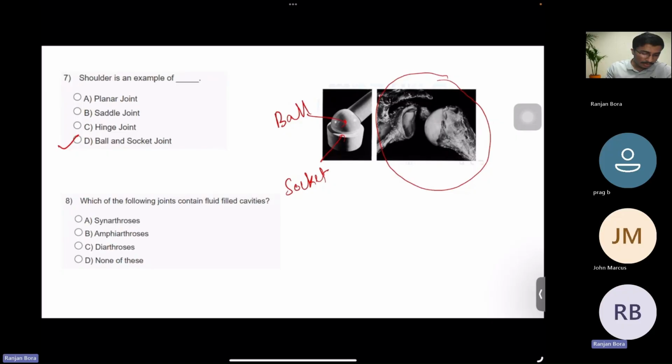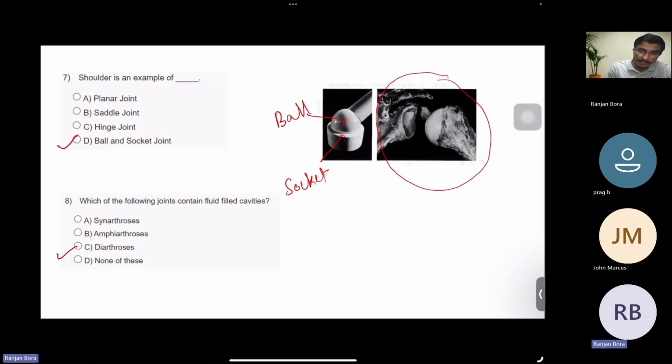And next question, which of the following joints contain fluid-filled cavities? No, option A is not correct. Yes, option C is correct.